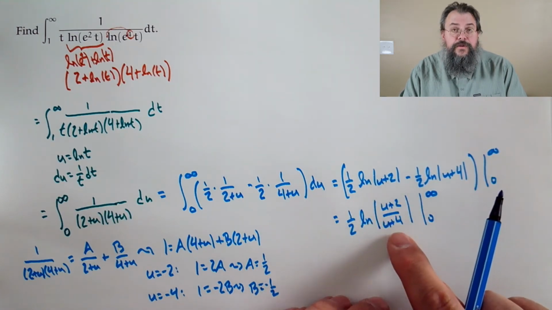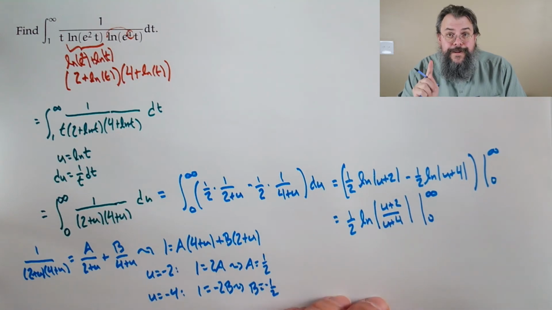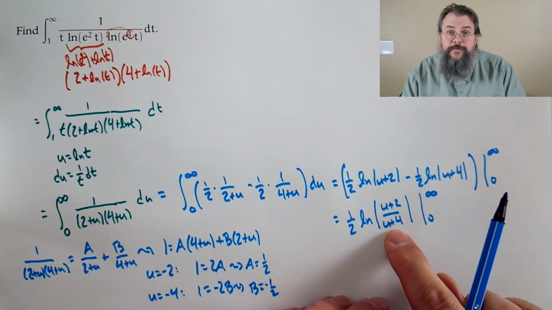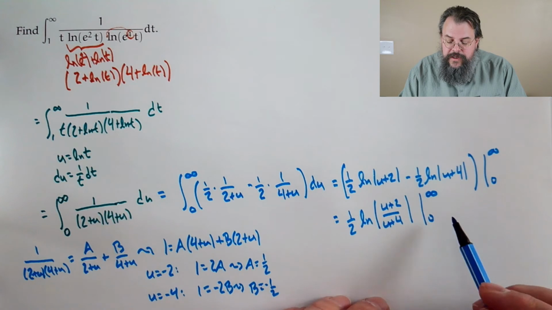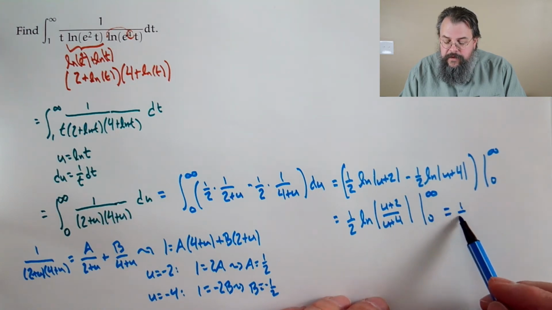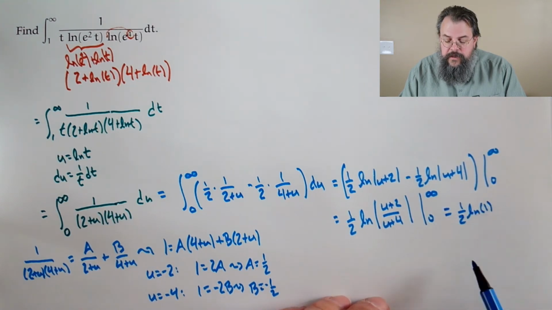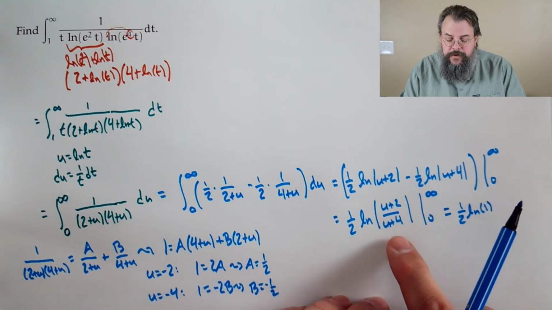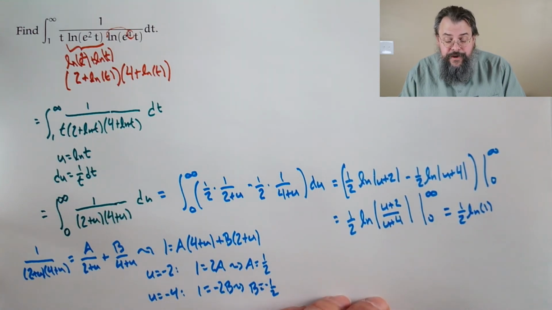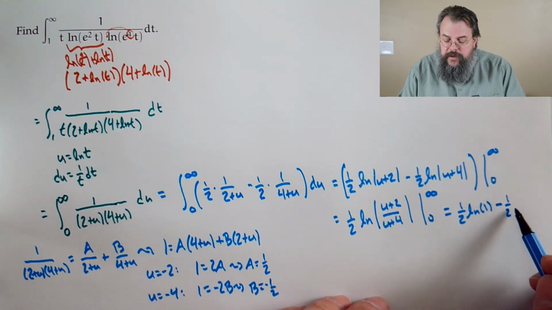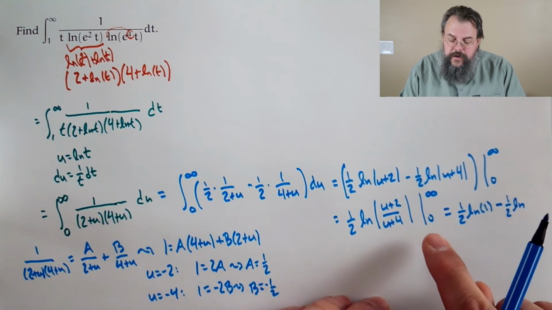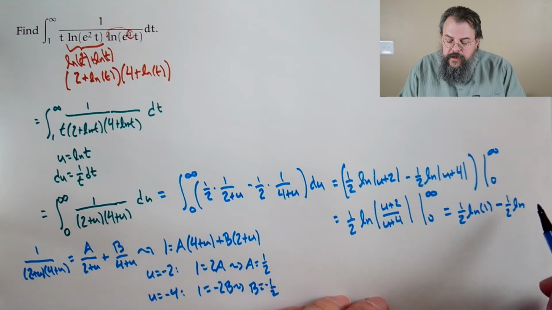That's going to go to 1. Look at the leading coefficients. So this is going to be 1/2 log of 1, which really says it's going to go to 0. Subtract 1/2 log, and now, plugging in 0, 2 over 4, or 1/2.